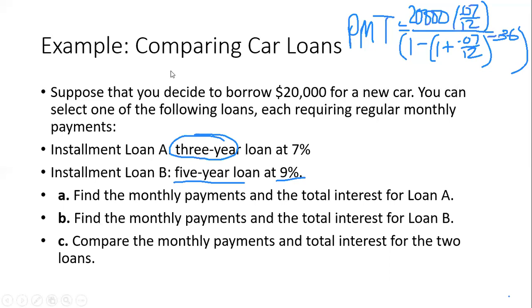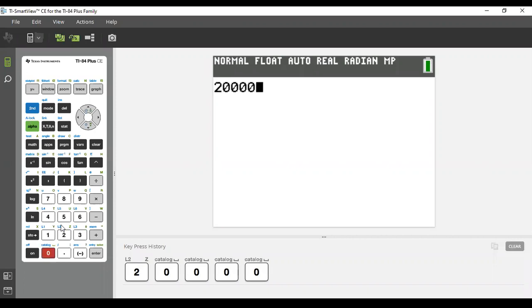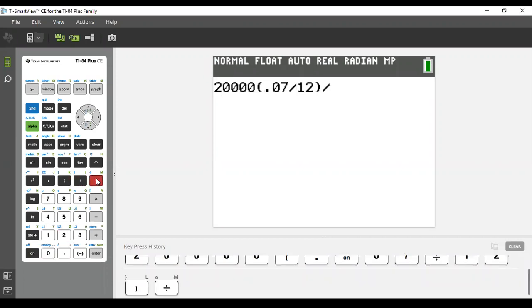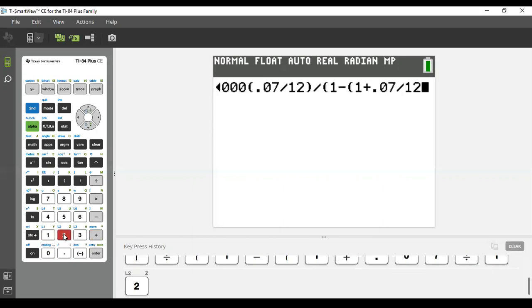So let's do that. Okay, so 20,000 is multiplying R over N, and that is all dividing by bracket 1 minus parenthesis 1 plus 0.07 over 12.